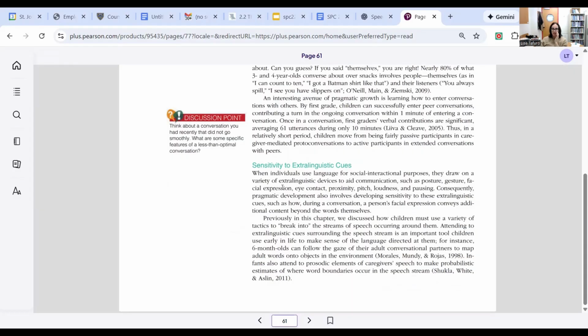Finally, we had this idea of sensitivity to extra linguistic cues, as I just mentioned. So what are they? Things like posture, gesture, facial expression, eye contact, proximity or closeness. If two people are standing very close to one another, we're going to assume that they know one another quite well. And then we're going to be anticipating that the language they're using would represent that, right?